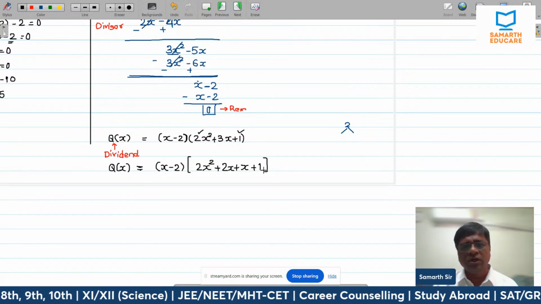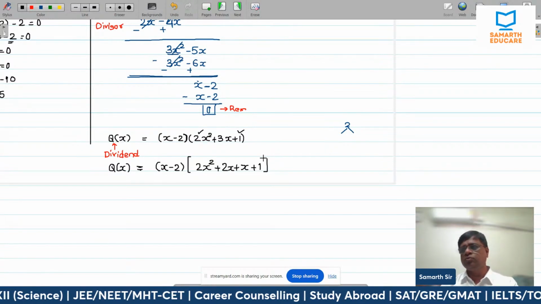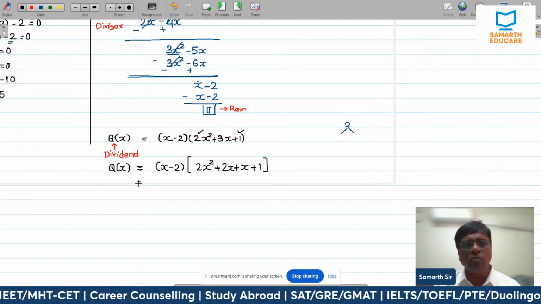Remember, I may not get into the details of this because this is a quadratic equation part. You go back and understand this.